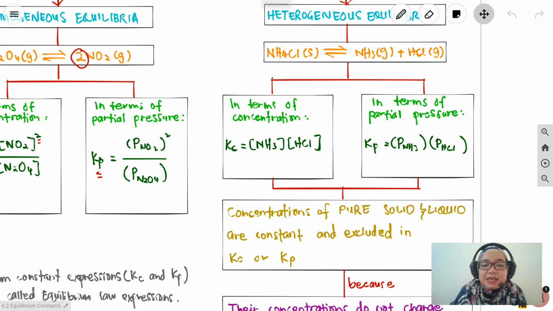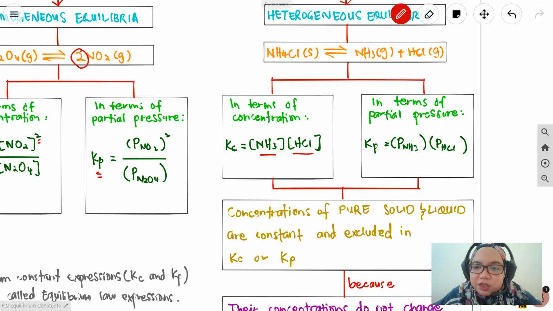Since the concentrations of pure solids and liquids are excluded in the equilibrium constant expression, we are going to include only the concentrations of the products. So, for heterogeneous equilibria, in terms of concentration, the expression for Kc is equal to the concentration of NH3 times the concentration of HCl only.